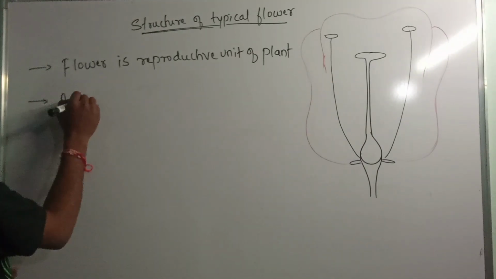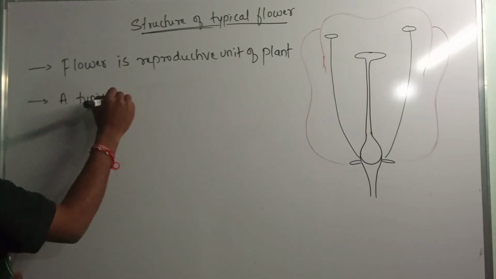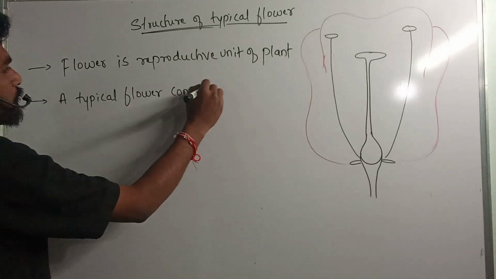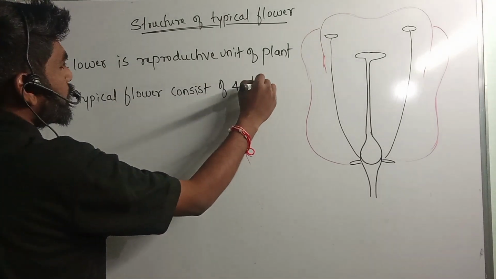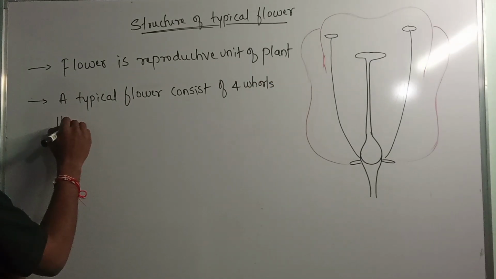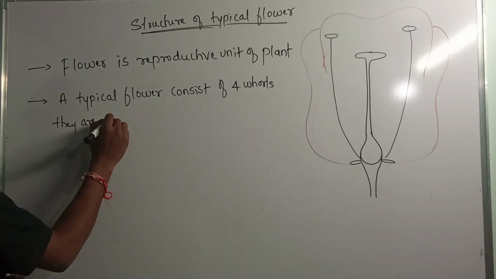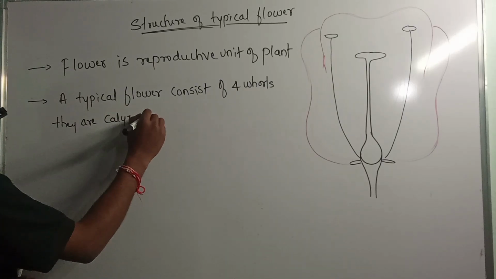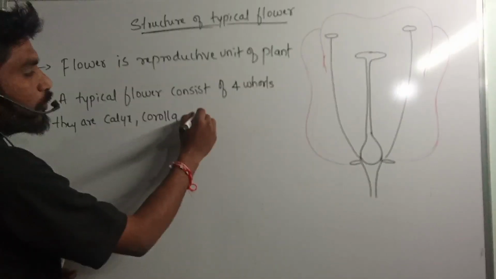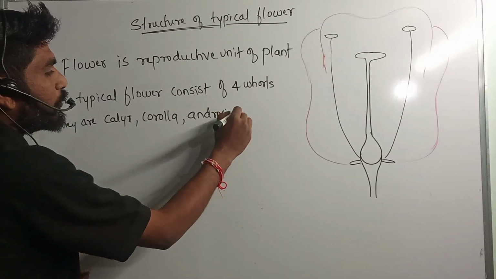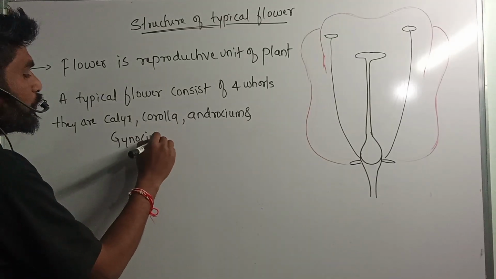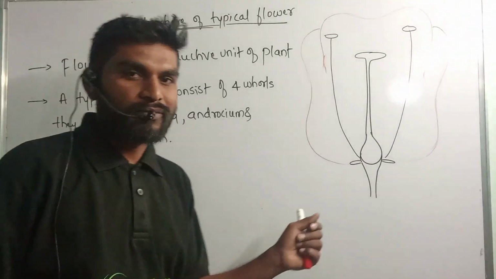These are the four whorls of a typical flower.